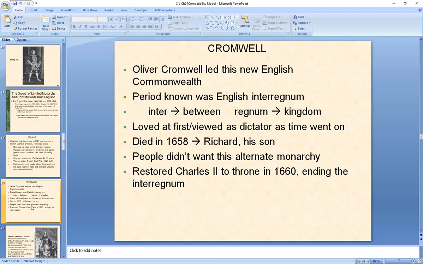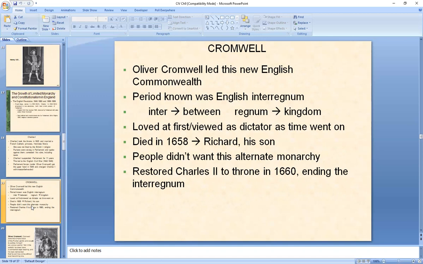The Glorious Revolution happened under Cromwell's leadership. So the people said, well, let's let Cromwell serve as our leader in this interregnum. Interregnum literally means between kingdoms. So it's not like the British people didn't want to have a king. They wanted to have a king. They just wanted a better king than Charles I.